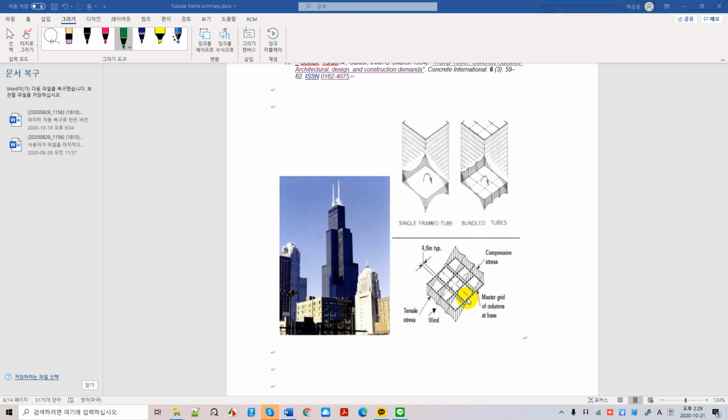So we have loadings right there, wind loadings, and these are tensile stresses. It can go many ways, and these columns will transfer their loads through this frame line, and this column will transfer its load through this frame line, and this column through its own frames, and this column will have its own loading paths.